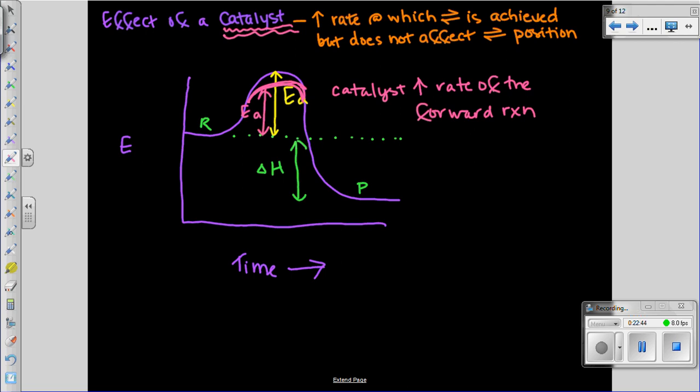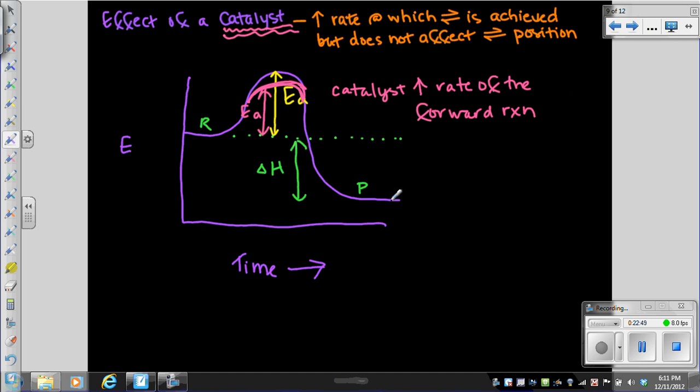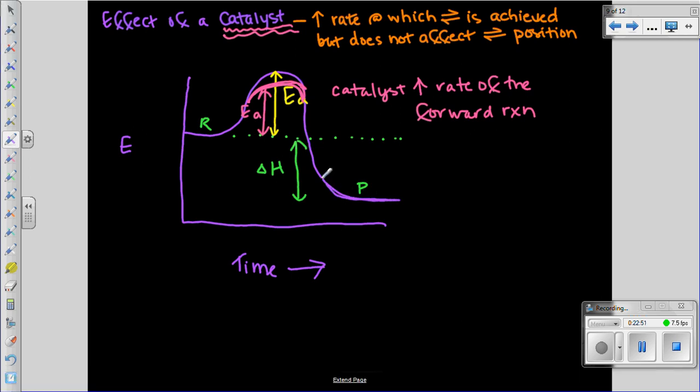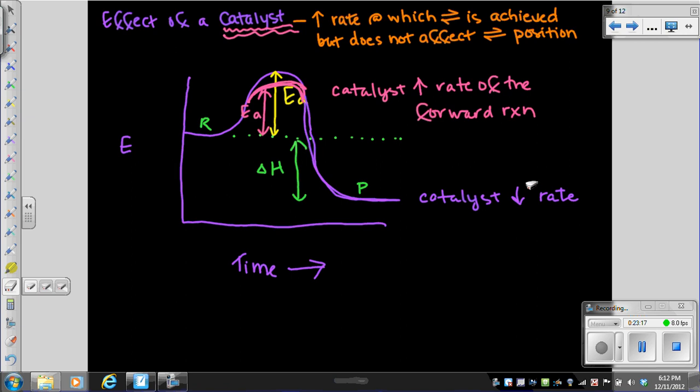So now if I want to look at the reaction in reverse, I'm starting here, but now instead of having to go all the way up here, the catalyst has also lowered the activation energy for the reverse reaction. So the catalyst decreases the activation energy for the reverse reaction, and what that does is, I'm sorry, I wrote that backwards.